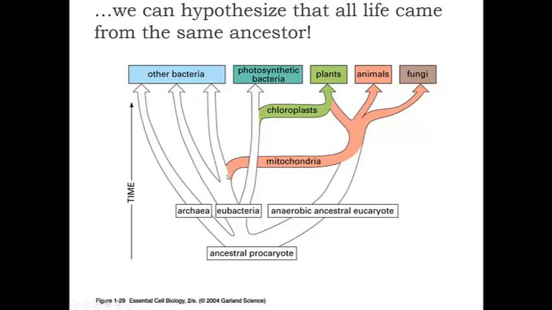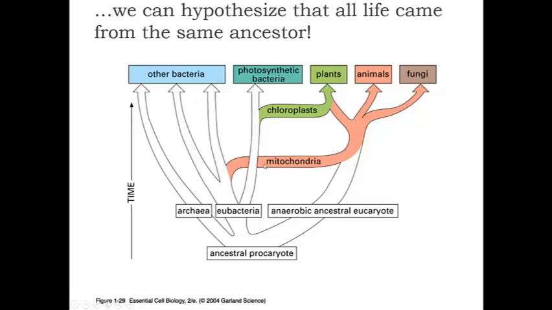And in addition to that, there were two major events that evolutionary biologists propose occurred in order to make the progression from this ancestral cell that was most likely prokaryote in its cell structure to the eukaryotic organisms and their cells that we know of today.